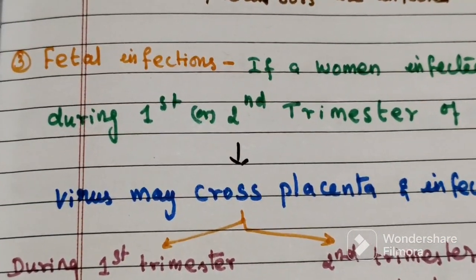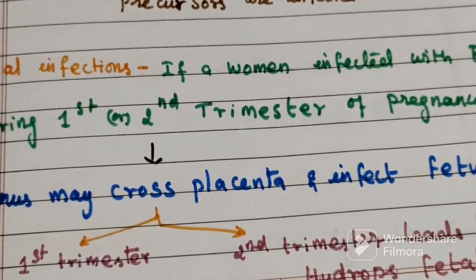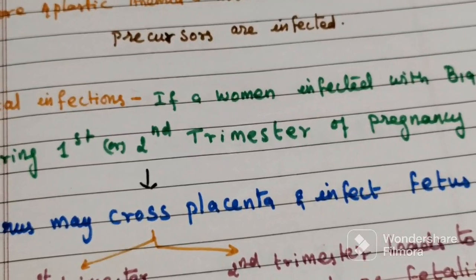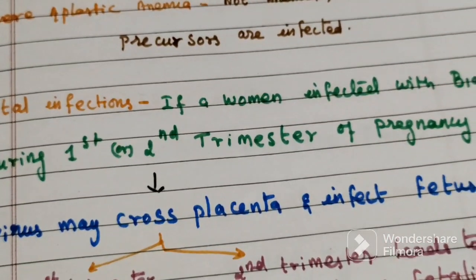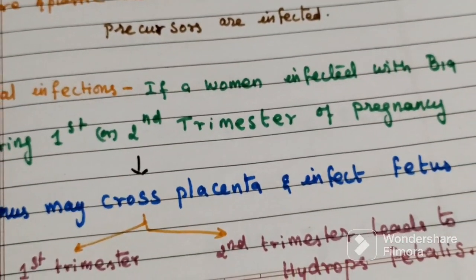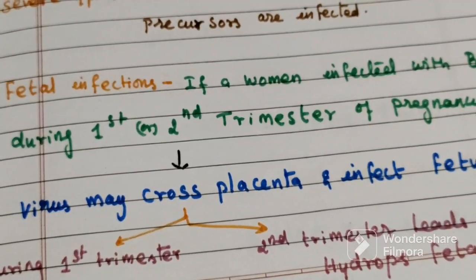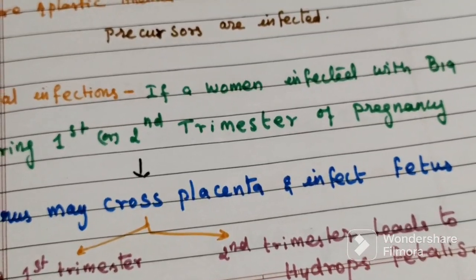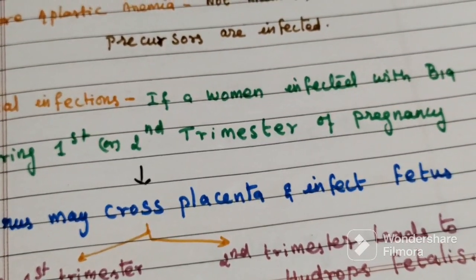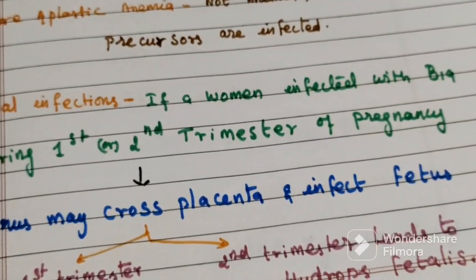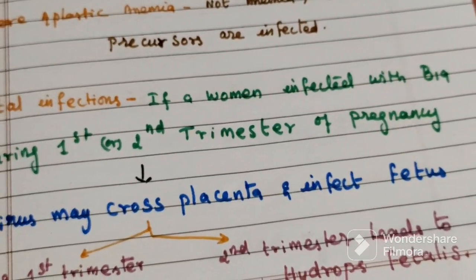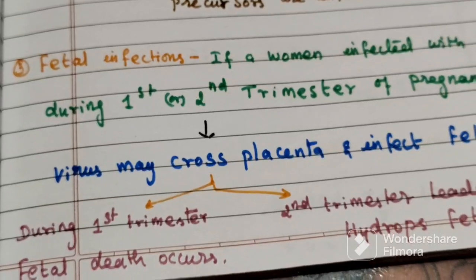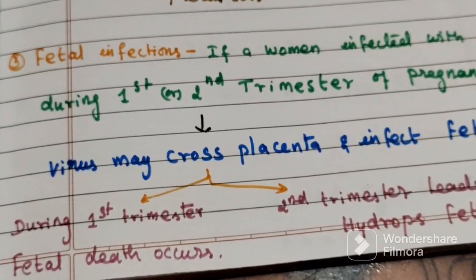Third one is fetal infection. If a woman is infected with the B19 virus during the first or second trimester of pregnancy, the virus may cross the placenta and infect the fetus. Infection during the first trimester is associated with fetal death.